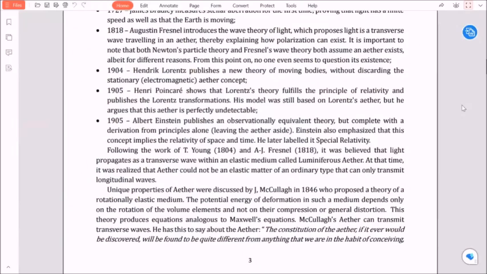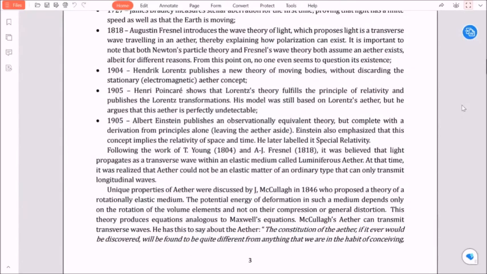Following the work of Young and Fresnel, it was believed that light propagates as a transverse wave within an elastic medium called luminiferous ether. At that time, it was realized that ether could not be an elastic matter of an ordinary type that can only transmit longitudinal waves.